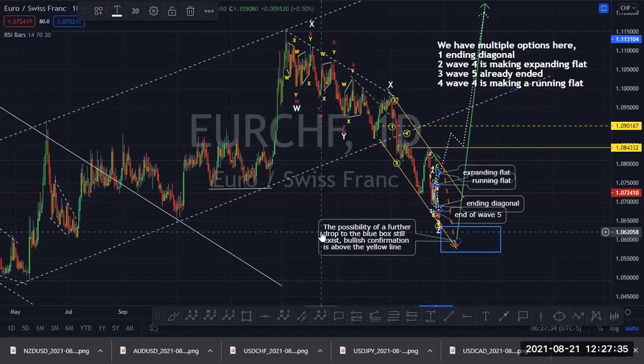Those who are on the material will see where I stated it on the pictures. The possibility of a further drop to the blue box exists. Bullish confirmation is above the yellow line. So until it goes above this place, we always expect it to drop further.